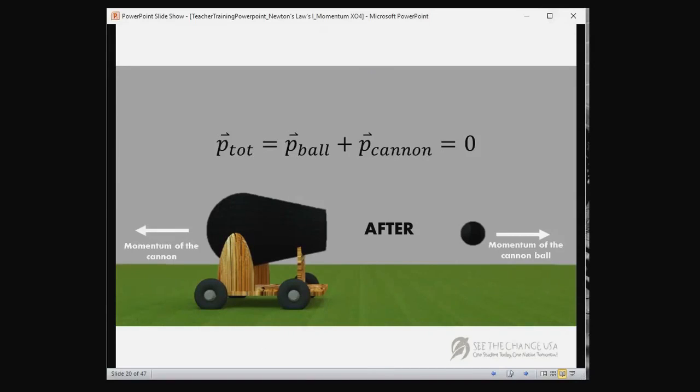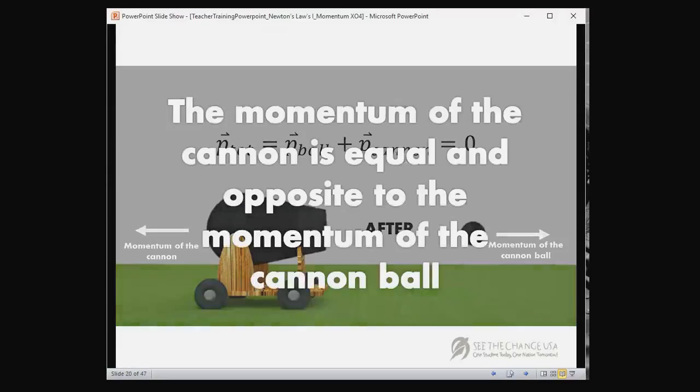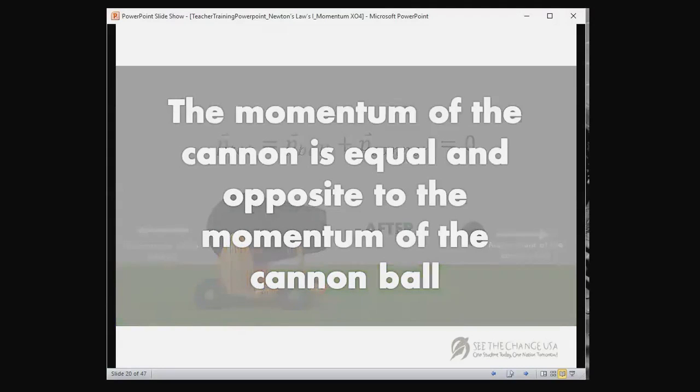If you recall from some old World War I films, cannons being shot, you'll see the cannon move in the opposite direction after it blasts off. What this equation tells us is that when we add these two vectors together, they have to give us zero. We just saw that the only way for that to happen is if they are equal in length but opposite in direction.